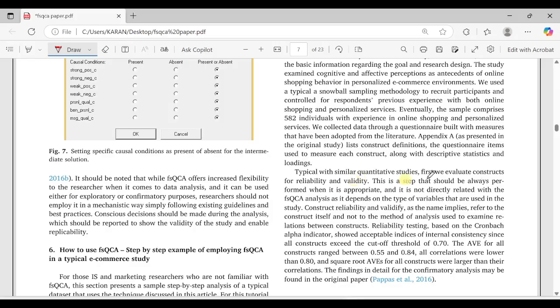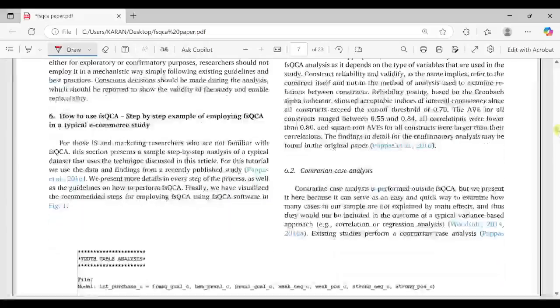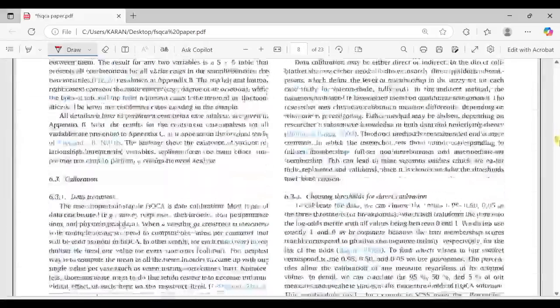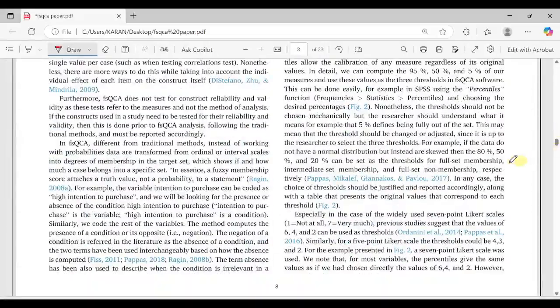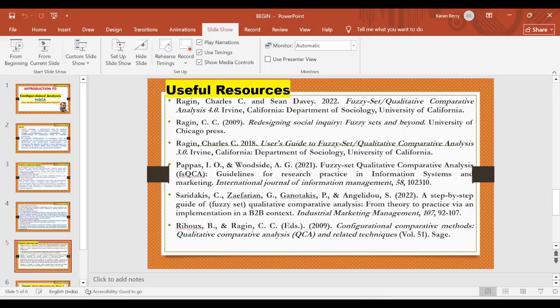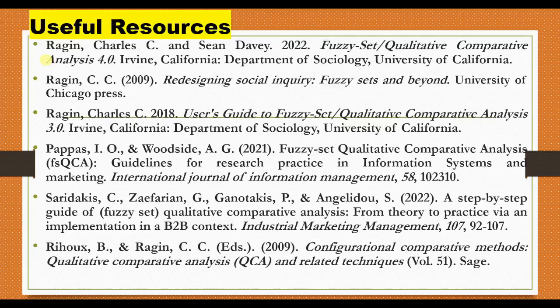Of course, I'll be giving you a practical demo of how to do this fsQCA analysis in the upcoming videos. For now, my purpose was to make you familiar with fsQCA analysis so that I can show you the relevance, the importance, and the practical aspect in the upcoming videos.